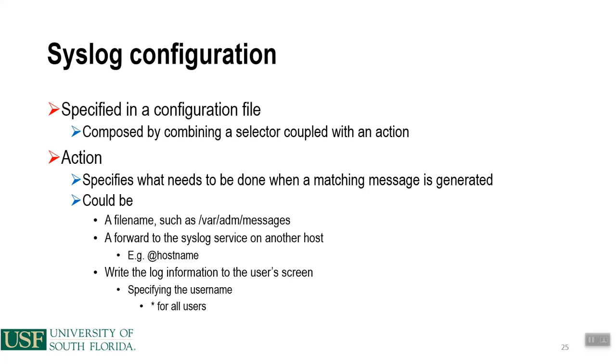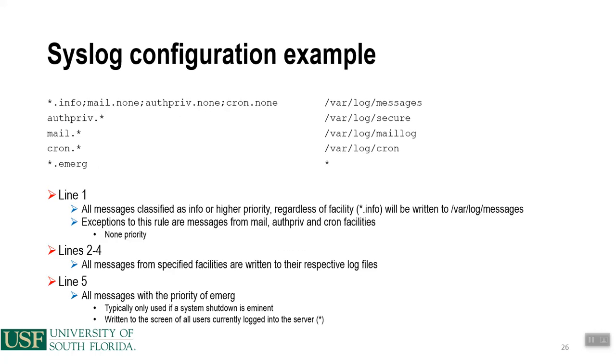Syslog configuration is specified in the configuration file, composed by combining a selector coupled with an action. An action specifies what needs to be done when a matching message is generated. It could be a file name, a forward to the syslog service on another host, writing the log information to the user's screen, specifying the username, and so on.